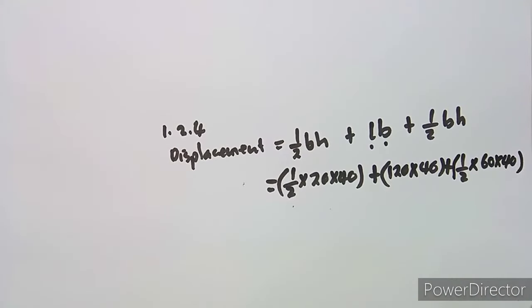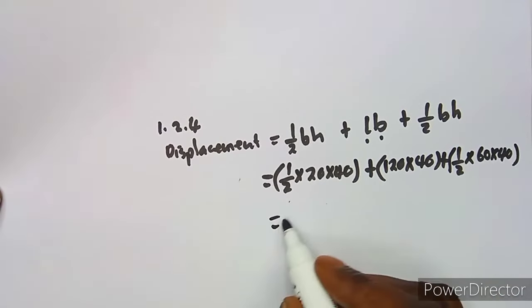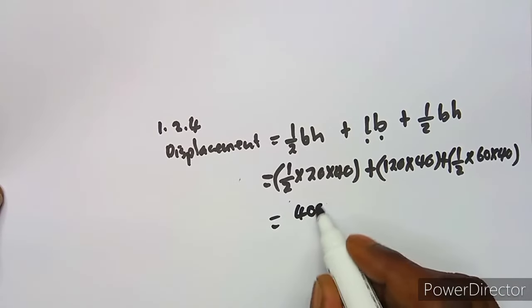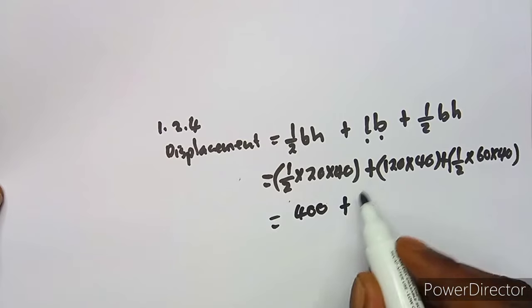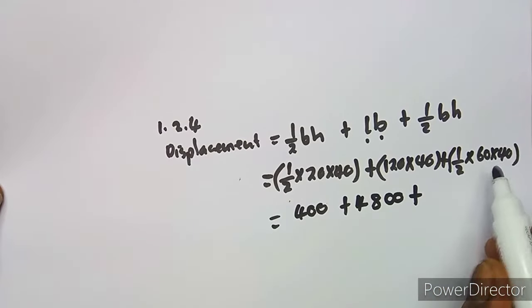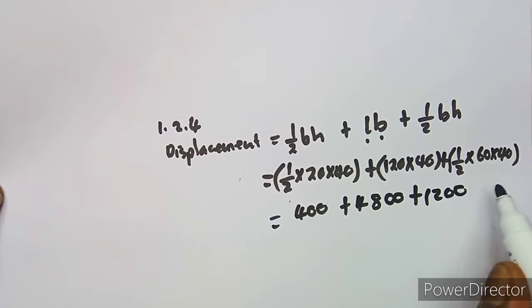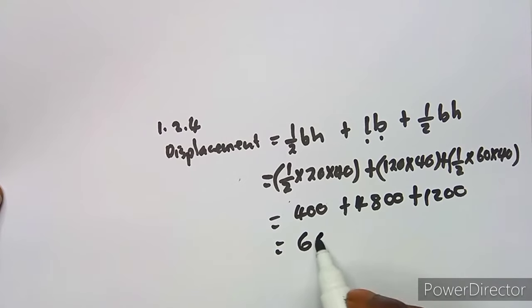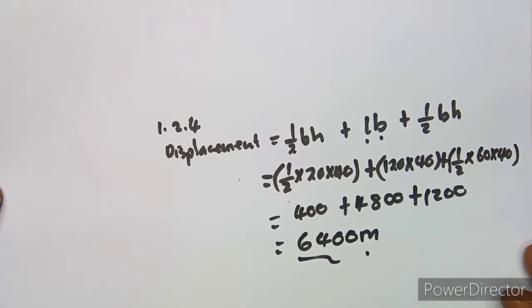So there you have to combine everything properly. So the first part actually gives me 400 plus this one, which is 4,800, plus the last part, which gives us 1,200 off of this, times 40, which is going to give us 6,400 if we add everything on our calculator. So that is the displacement.